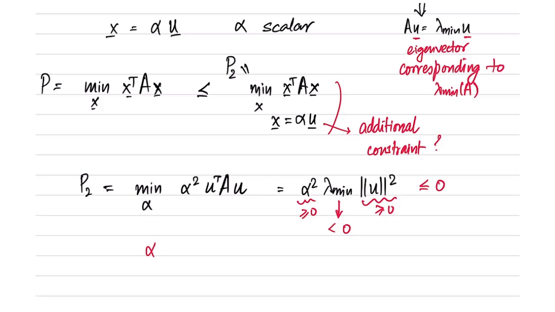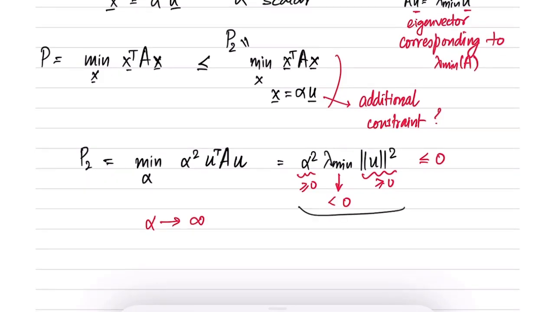So alpha should be chosen as large as possible so as to ensure that the objective function here becomes as small as possible, which means that P2 is minus infinity. So again, P2 is minus infinity because the objective function can be made as small as possible. It can be made minus infinity by choice of sufficiently large alpha.